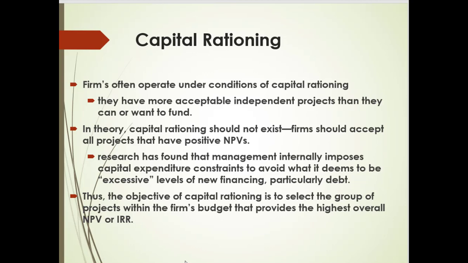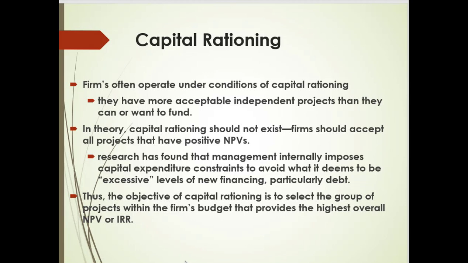But in a world with the law of one price, the separation theorem, with all of the background in understanding how investments work, right? The objective should always be to do all the projects that have positive net present values. They all will make the value of the company go up.